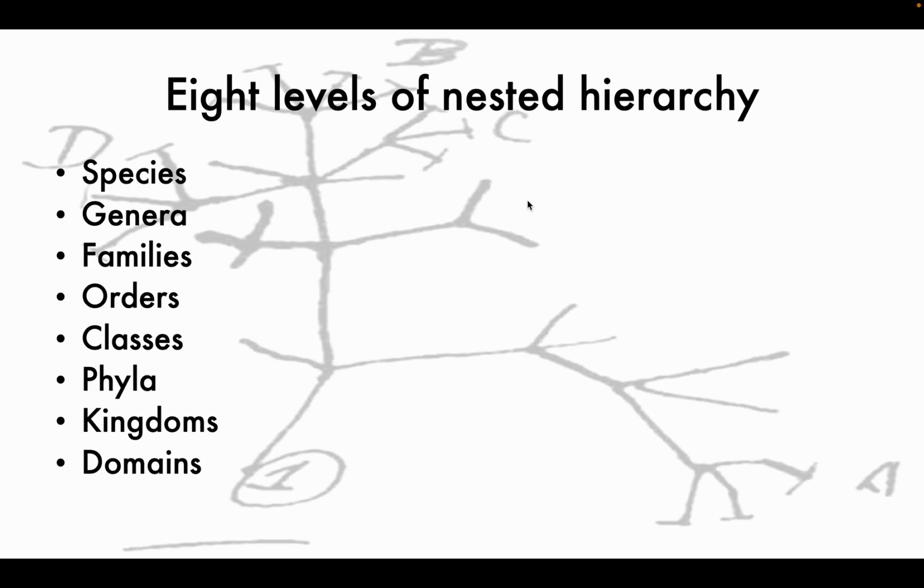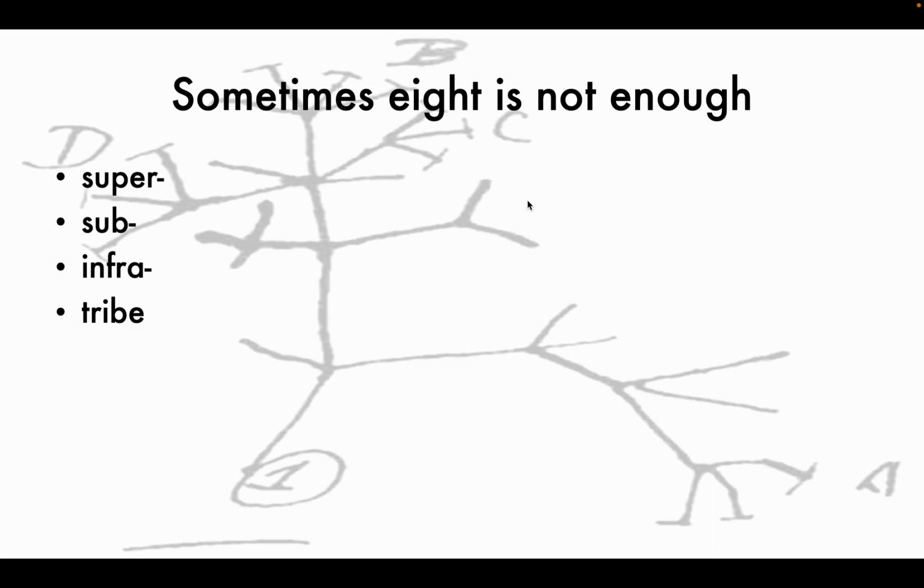But sometimes we have the opposite problem. Some taxa are over-rich in diversity, and in that case, 8 is not enough. We can generate groups of these groups, or subsets of them, by adding prefixes like super, sub, or infra. Within a very large family, we may define a group of genera that we call a tribe.